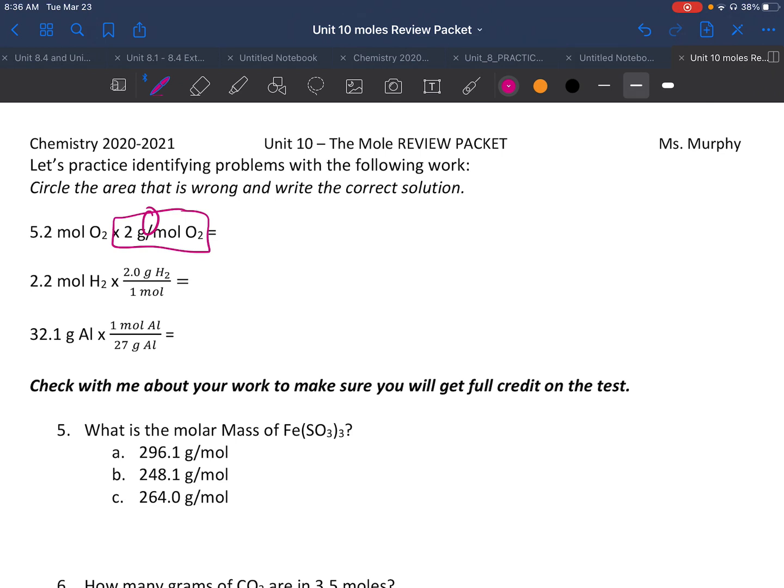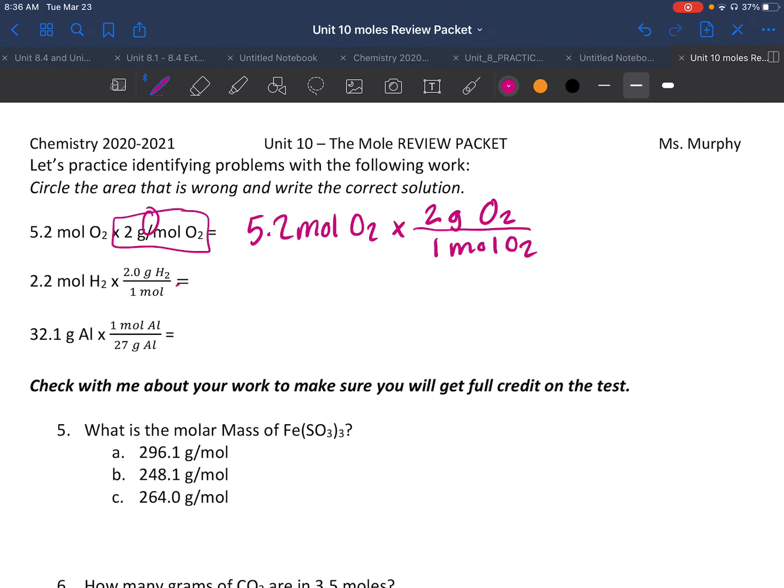So if you were to set this up, it would be 5.2 moles of O2. That's what you start with. But then instead of writing 2 g/mole O2, it would be 2 g O2 over 1 mole O2. So this is obviously not the correct numbers, but mostly I wanted you to recognize that this was not written in a fraction.